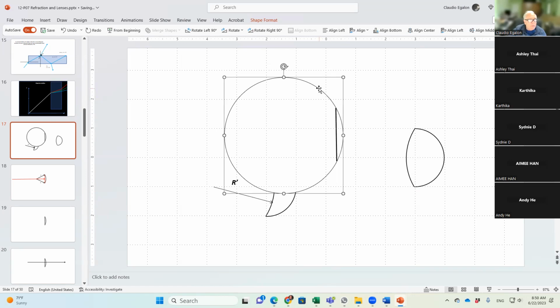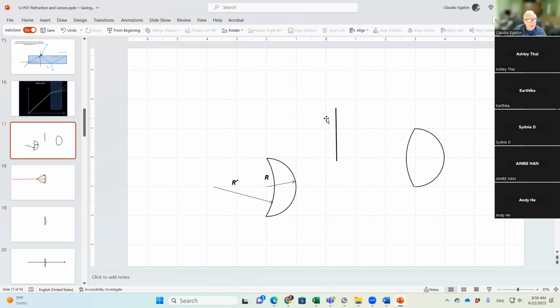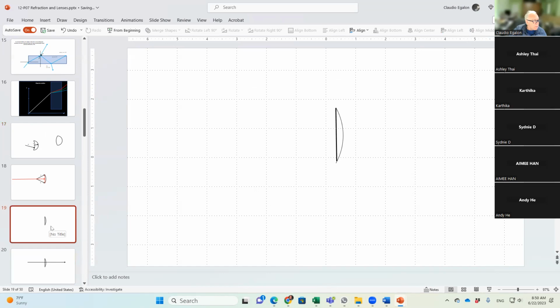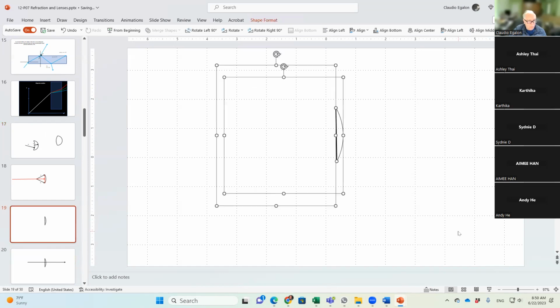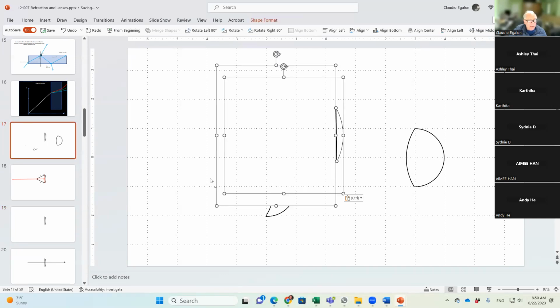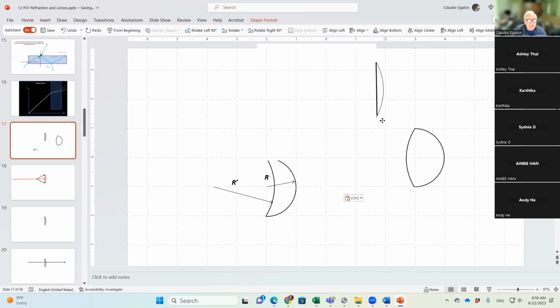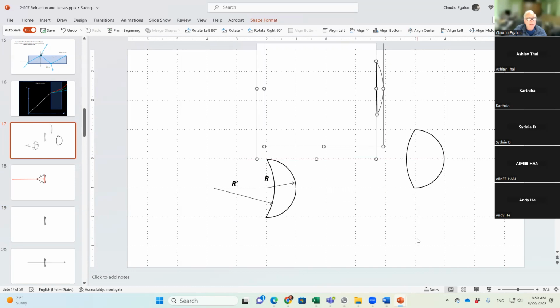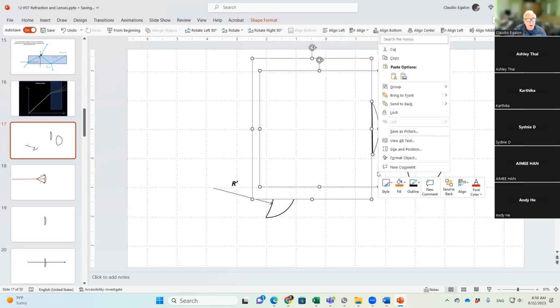I gotta figure out a way to. Okay, so yeah, now I'm gonna get it. Then I'm gonna hide the other ones. Or even better, I'm gonna send that to the bottom.